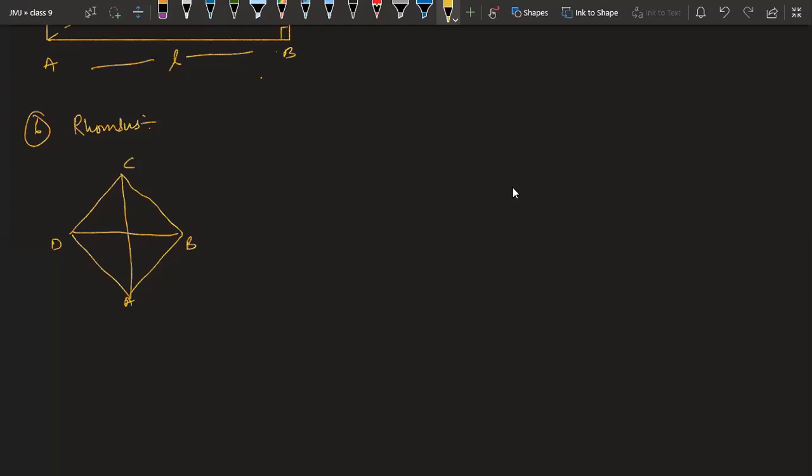Yes, they are unequal. Suppose I call AC the D1 diagonal and BD the D2 diagonal. In that case, what is the area if the lengths of the two diagonals are D1 and D2?